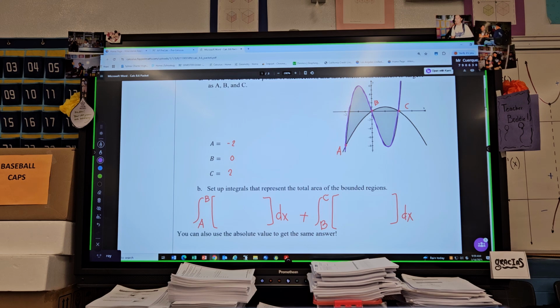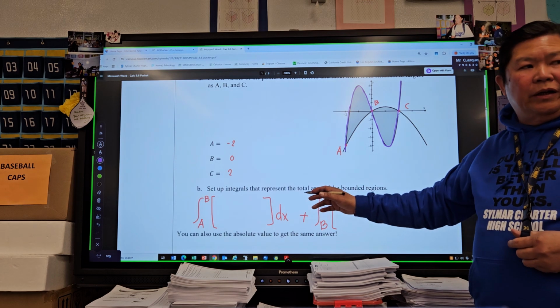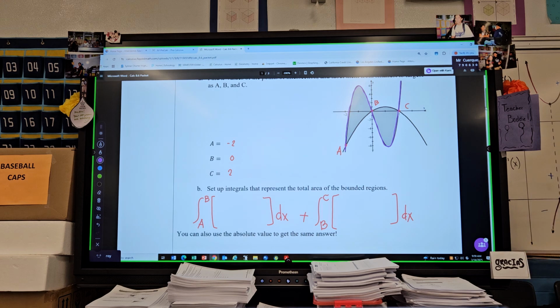Please continue, guys. And if someone is done, please write down right here. I just want you to check your answer for the area. It must be 24 square units, okay? Use your calculator, do math 9.